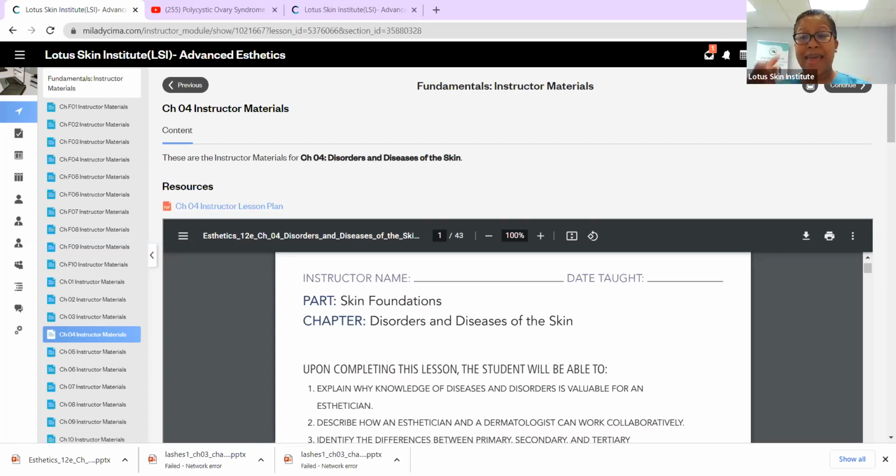Anhidrosis: an as a prefix means without. Hidrosis: osis is a word part meaning condition or disorder. Hidr is the word root referring to sweat. So therefore anhidrosis is what?